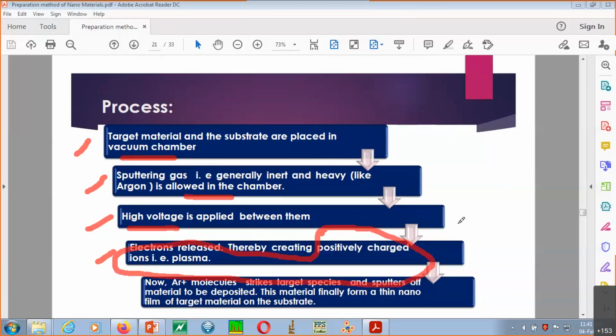That plasma is different, it requires very high temperature, but sometimes to refer to that positive charge cloud, positive charge ions, people also use the word plasma. So electrons are going to be released, and thereby they are creating the positively charged ions, and these positively charged ions collectively I can call a plasma. If you have a doubt here, then you can simply call them positively charged ions only. No need to consider it as a plasma.